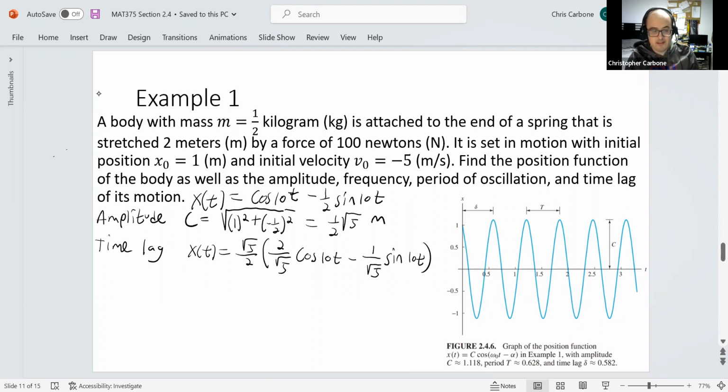So that simplifies to be the square root of 5 over 2 times the cosine of 10t minus alpha.